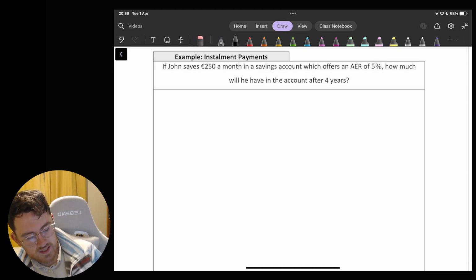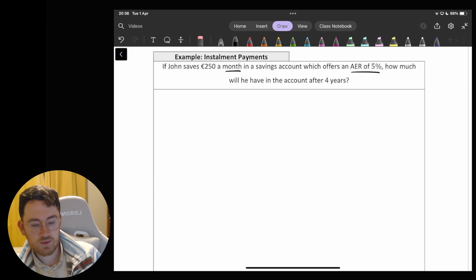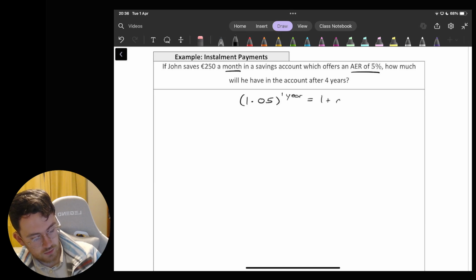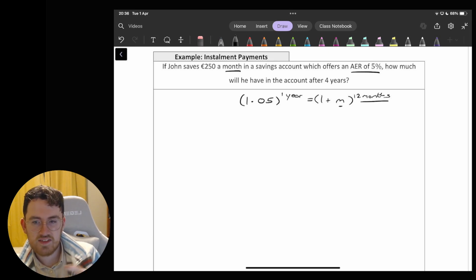Okay, so he's saving monthly, but the rate seems to be annual, so we're going to have to deal with that first of all. So I'm going to say that a yearly rate of 5%, which is 1.05 for 1 year, is the same as me having a certain monthly rate for 12 months. So we make sure that we match up the compounding period with the length of time and ensure that the lengths of time match up across there.